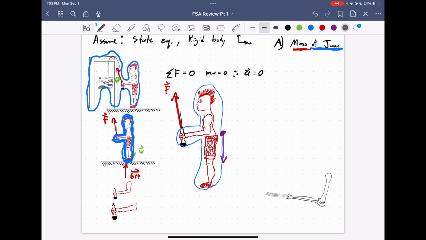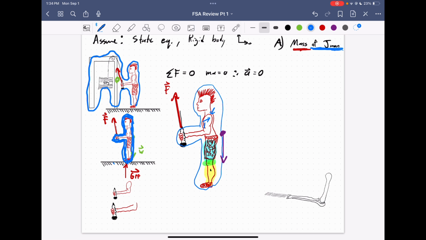Now, that was just a visualization. A more technical way you can think of it is each segment, the calf area here, and the quads here, calf here, they're not moving away from each other. Therefore, the forces between them must be equal and opposite and cancel out. So therefore, that's the same for everything within this ice cube, right? Shoulder joint has forces, but they're equal and opposite, right?